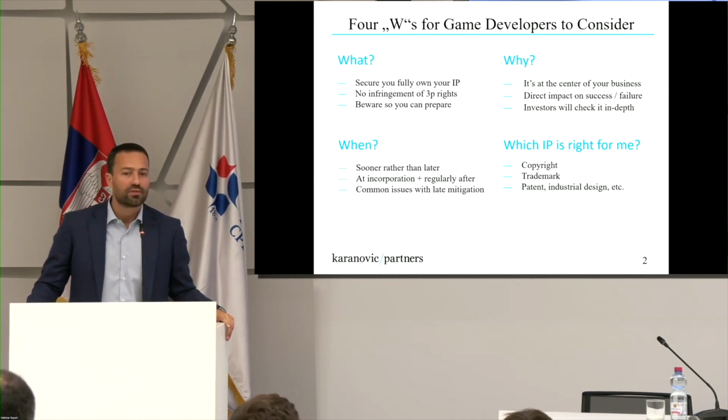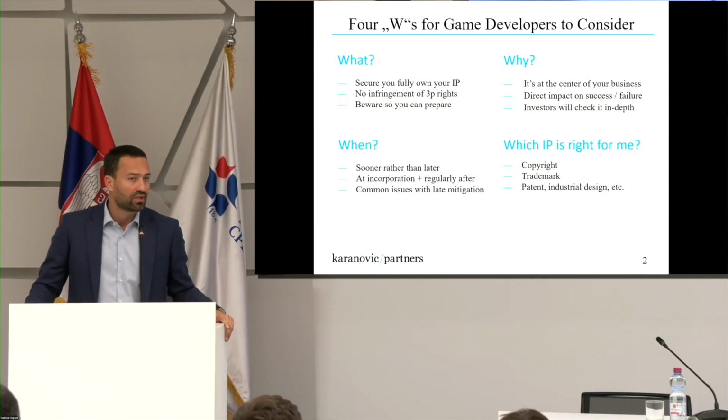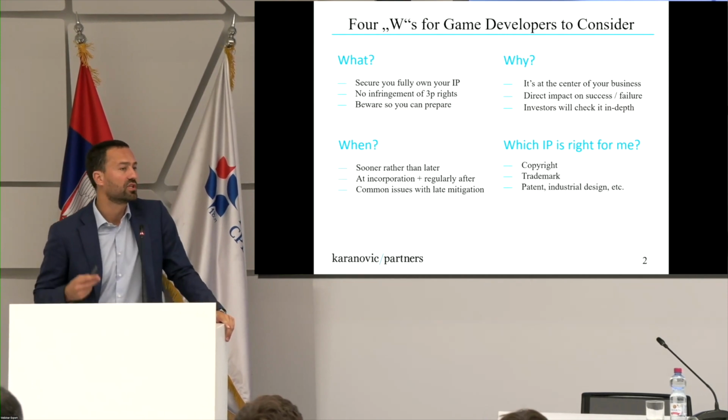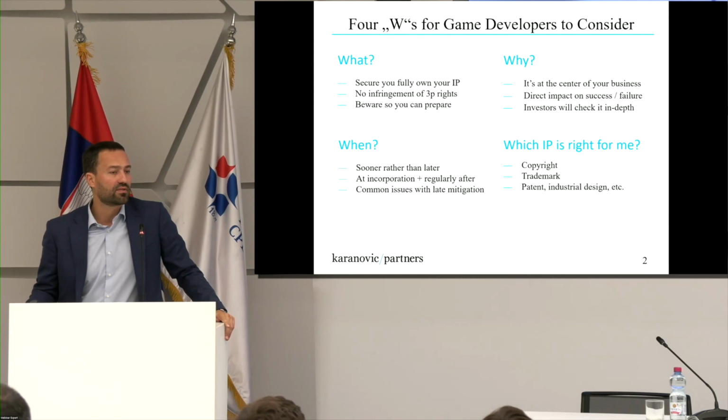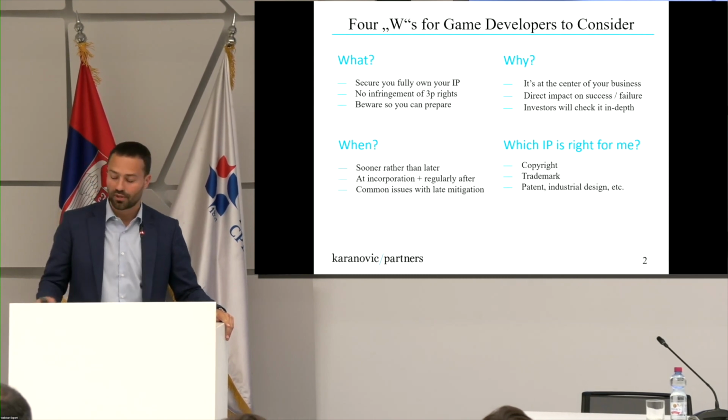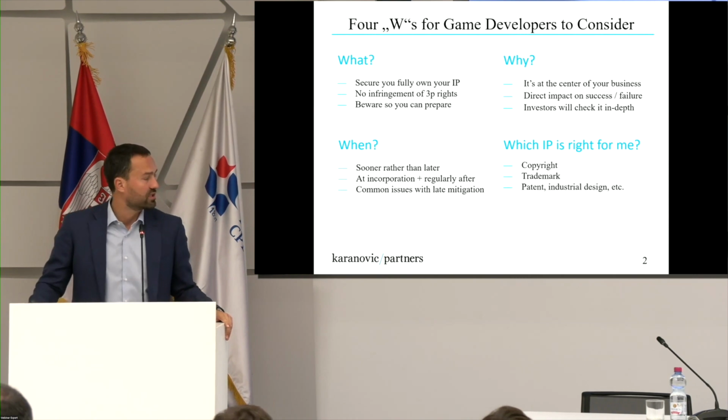And sometimes, we've had a couple of cases where the deals did not materialize. They failed to complete because the noted deficiencies were of such gravity and the resulting risks were so high that the purchaser decided not to proceed. So it's really essential. The investors are heavily relying on analyzing your IP and trying to search if everything is fine, and since they are doing that, you should be doing that as well.